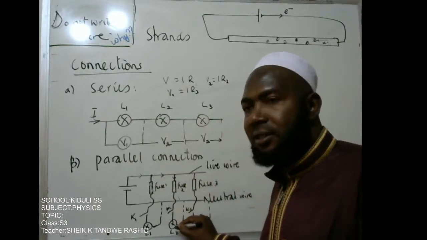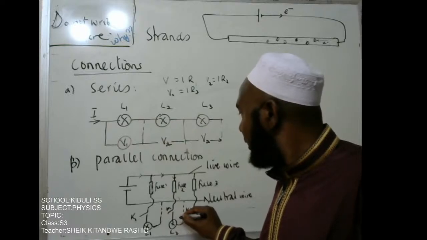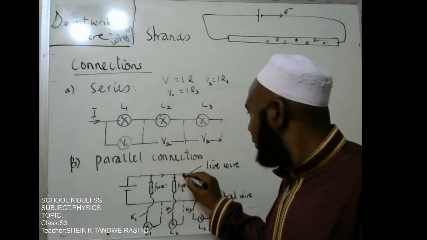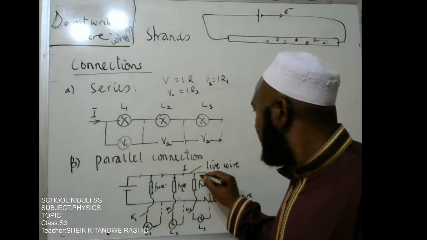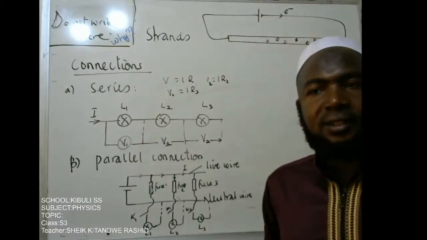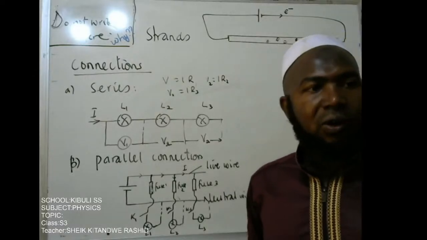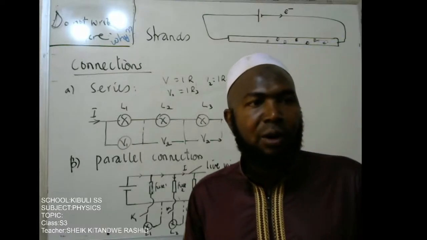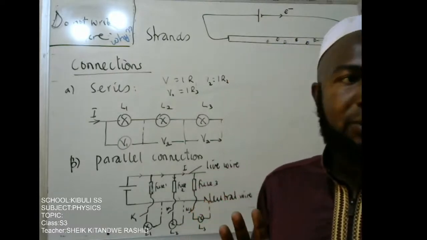And this one lights. Even if this one blows, current will ignore this path and continue, and then flow here. When you close the switch here, this bulb L3 lights. So, if one appliance is faulty, the other appliances will remain unaffected and work normally.